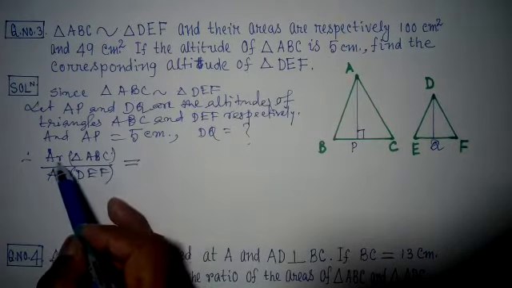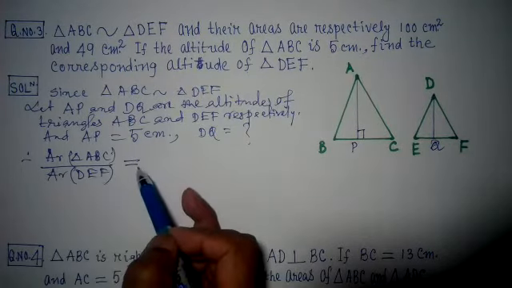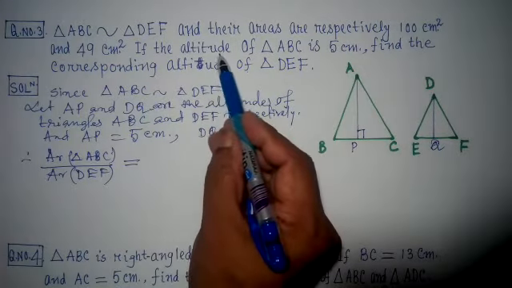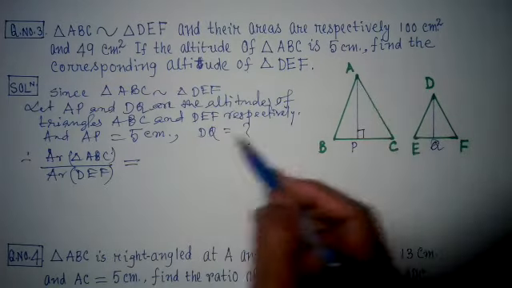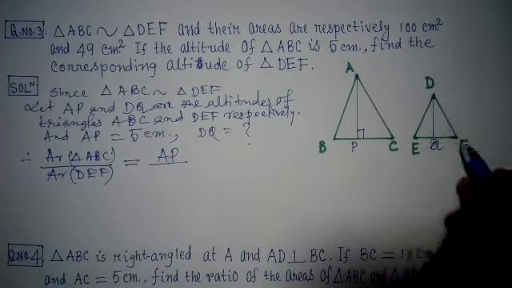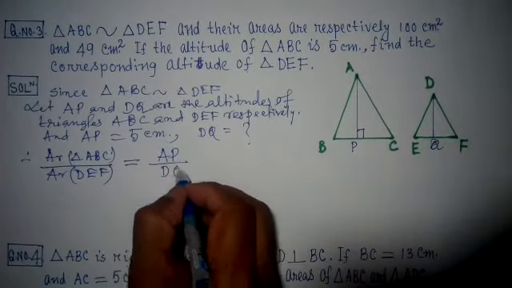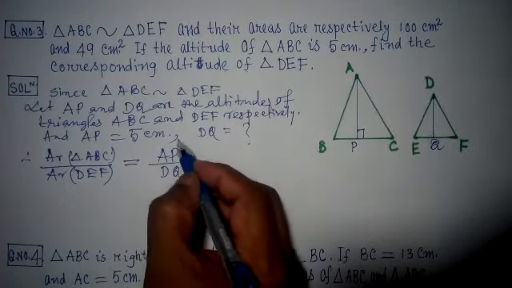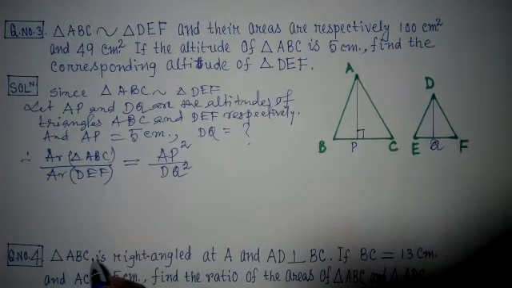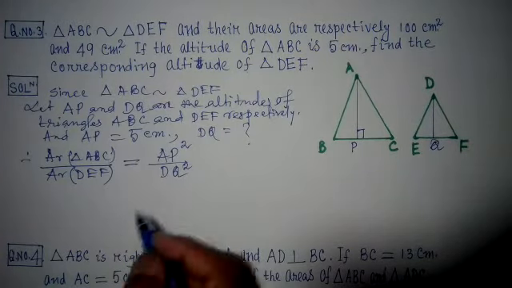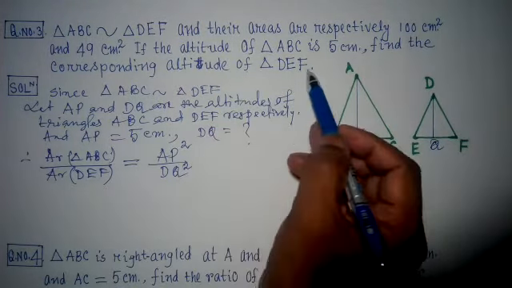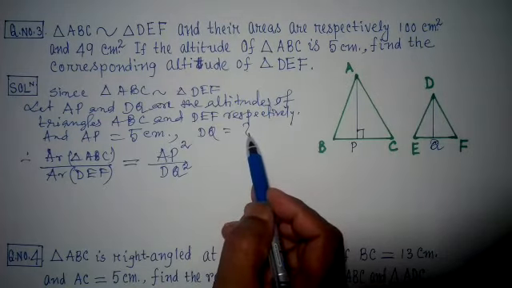So the ratio of areas of two similar triangles is equal to the ratio of squares of their corresponding altitudes. So if we take from ABC altitude AP, then from DEF the altitude is DQ. They are the corresponding altitudes, and the square of the ratio of their corresponding altitudes is AP square by DQ square. So what do we have to find? We have to find the corresponding altitude of DEF, DQ.